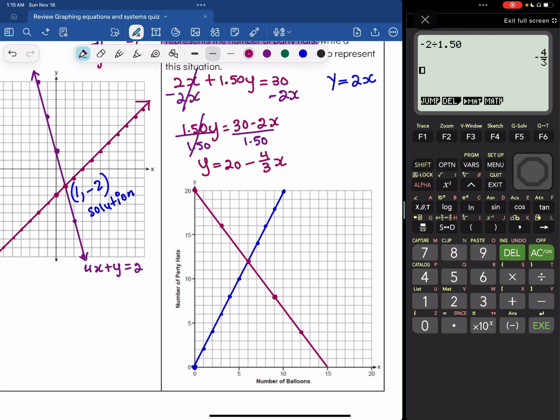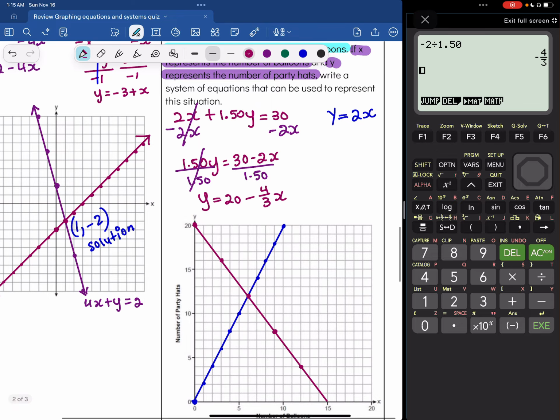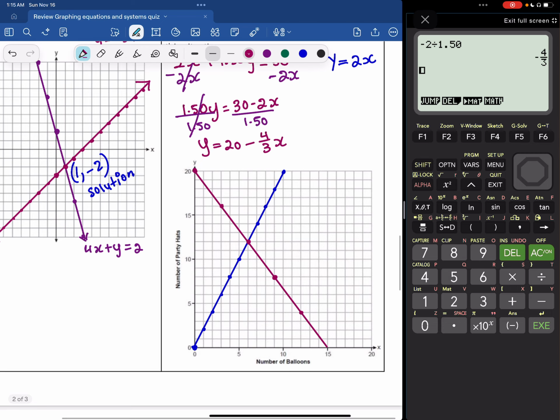And then we're asked to identify the solution. Before we do that, we need to label our lines. So our blue line was y equals 2x. Once we have labeled one of them, we're good. I always just like to label both of them for some reason. I don't know. I feel like it looks better.